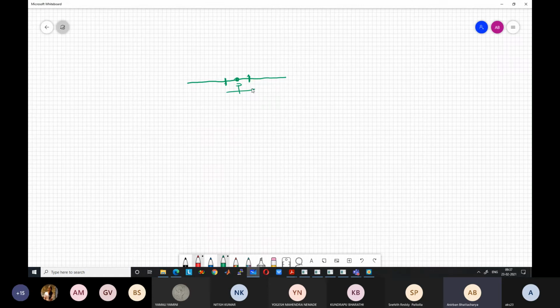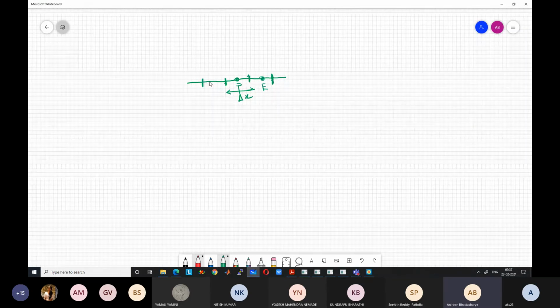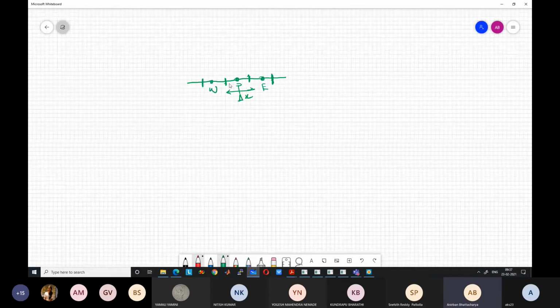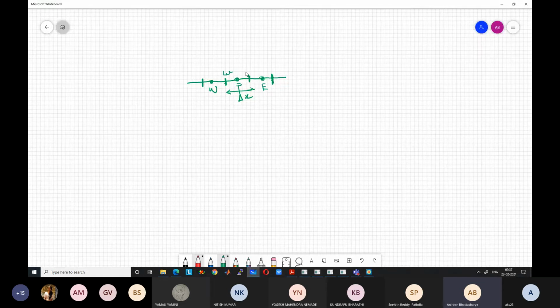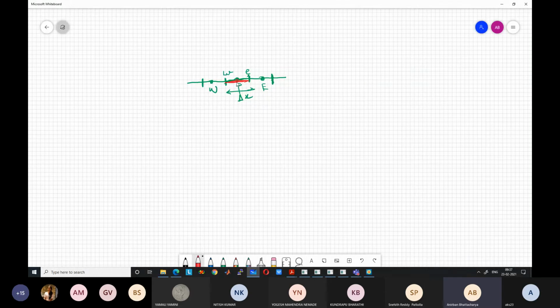It has a length delta x. Its neighboring control volume is this one, represented by E. Its neighbor on the other side is this one. The boundary of the control volume is given by small w and small e. So this part is a single control volume in 1D, up to this point, and this is its grid point or representative point. Although I have shown it in a 2D manner in the notes, this is how it will look.